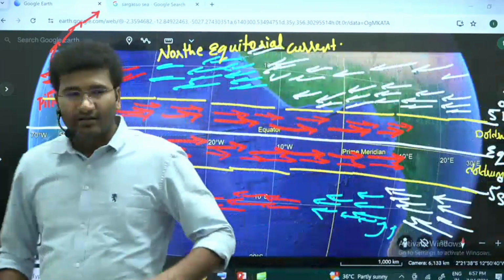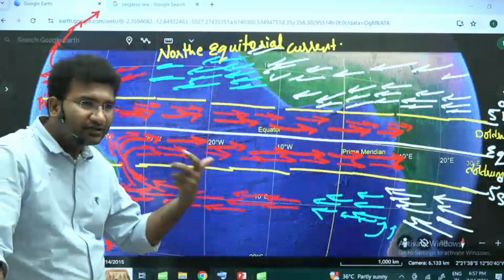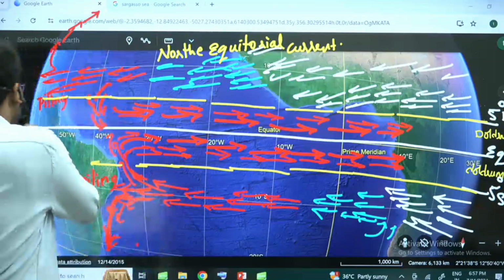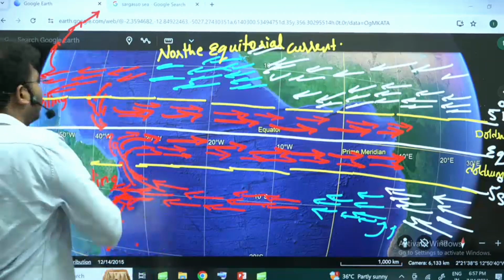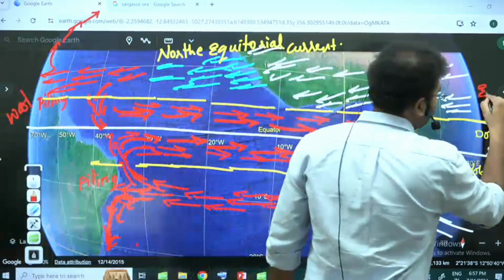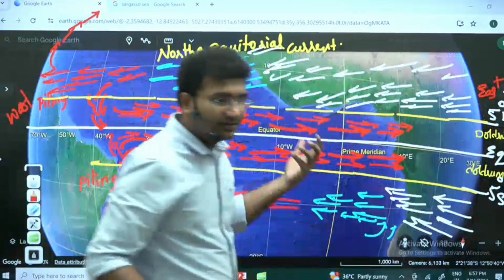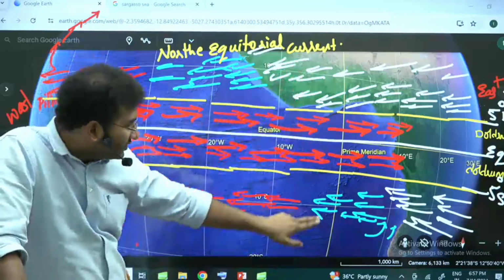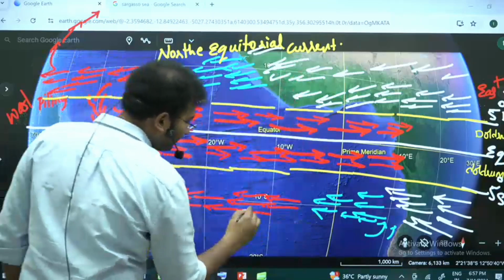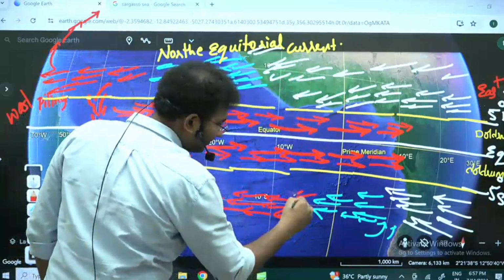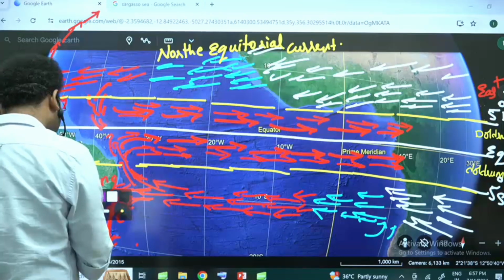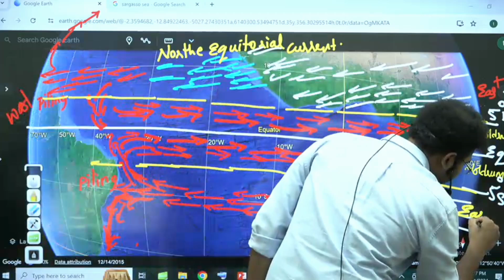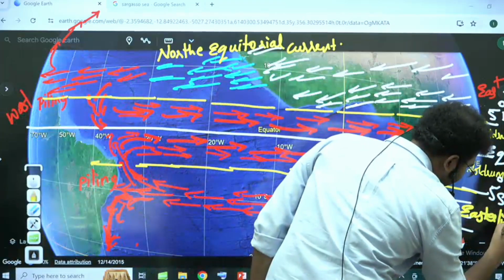Always, the direction of the rotation of the earth, is it from east to west or west to east? West to east. So the earth is rotating from west to east, so the water also tries to move in the same direction. Now this water is moving under the influence of Coriolis force and easterlies. That means you have easterlies.